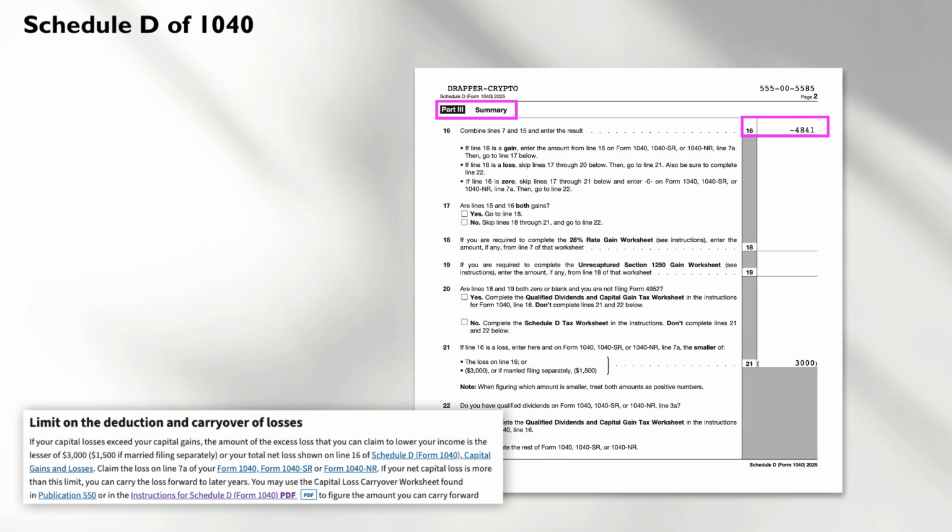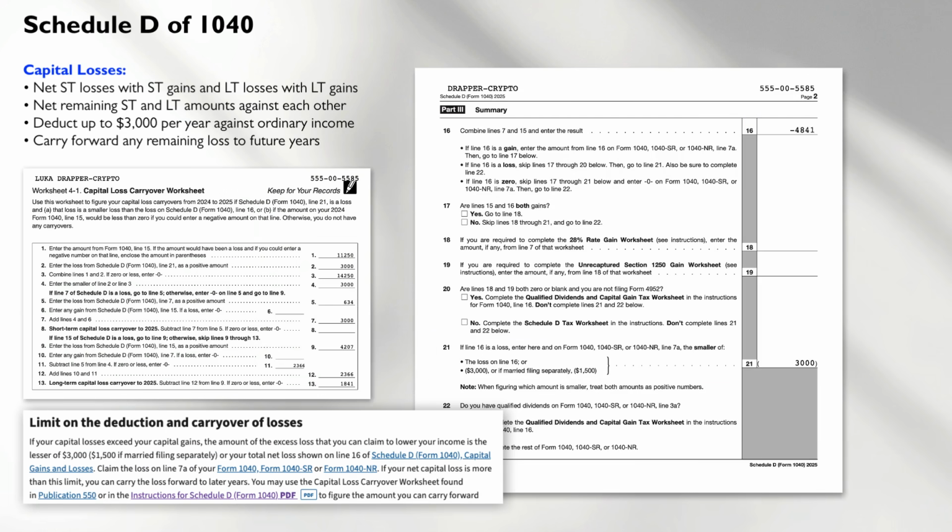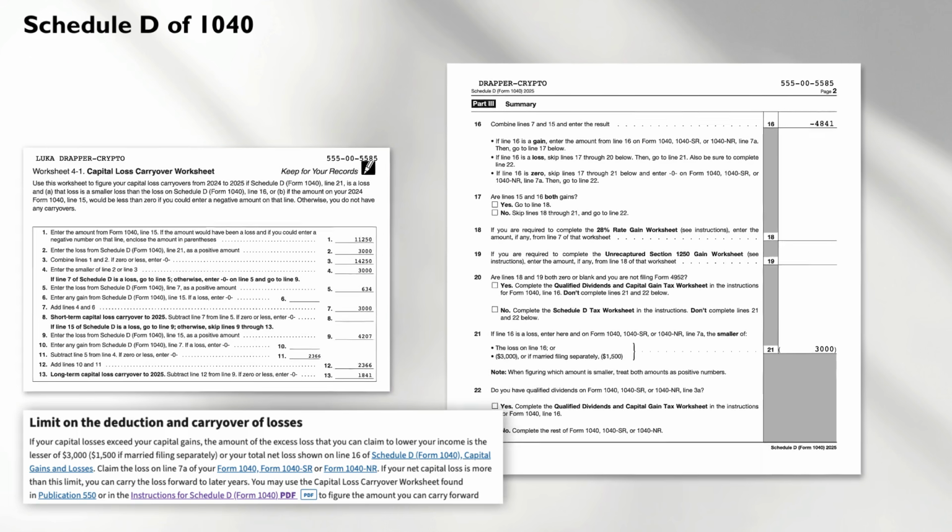For all filing statuses except married filing separately, you can deduct up to $3,000 of capital losses per return against ordinary income. Any remaining loss is carried forward to future years and would be calculated in your tax software on the capital loss carryover worksheet.